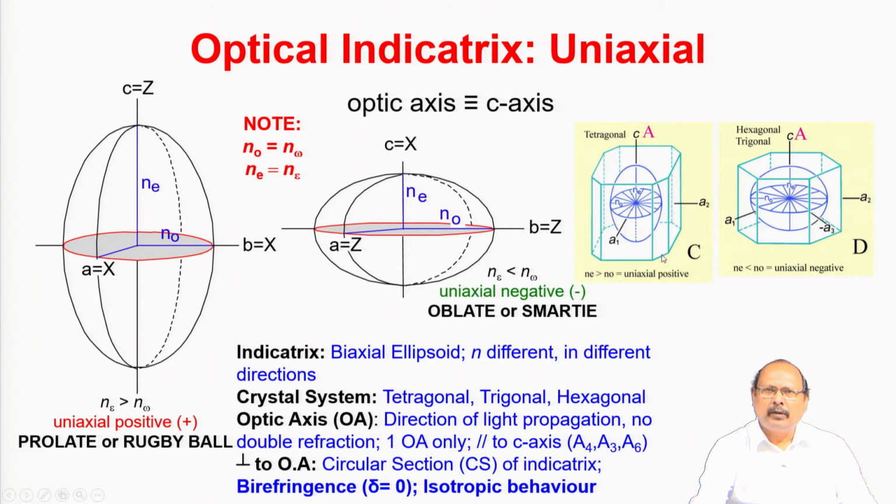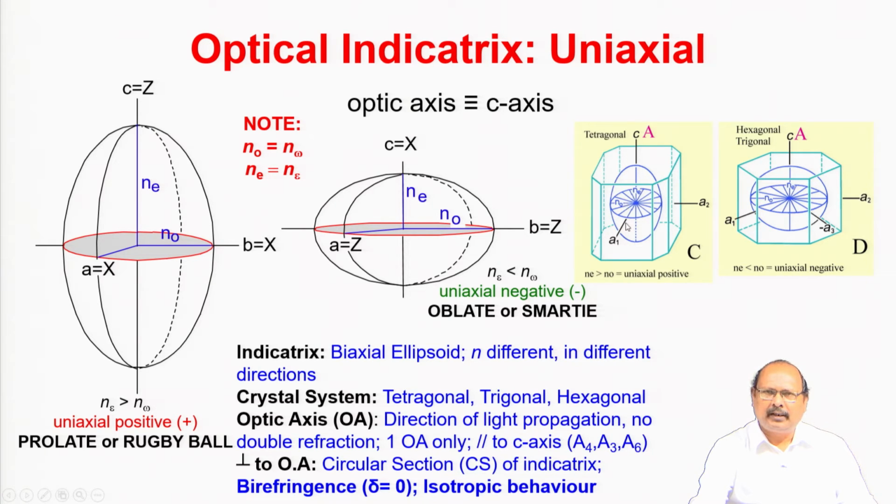There will be no double refraction. Why? Because the rays will all vibrate perpendicular to the C crystallographic axis, in the plane where you have the A1 and A2 crystallographic axes. Essentially, that will be a circular section of the indicatrix where the refractive index will be the same.